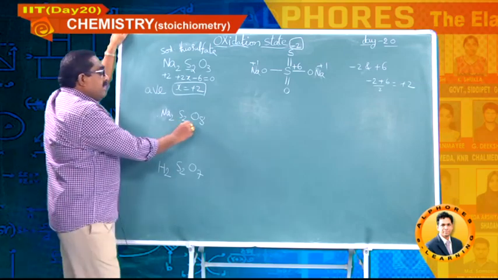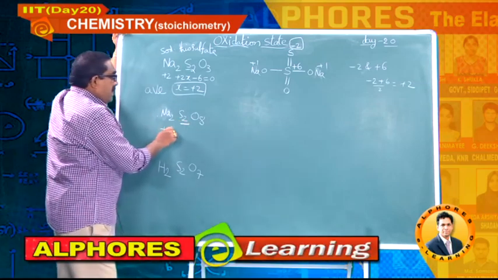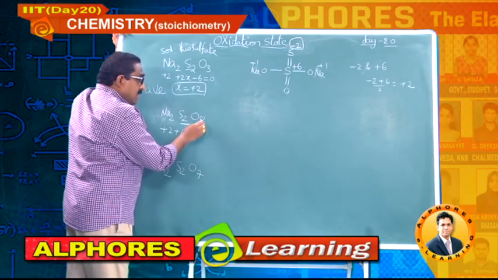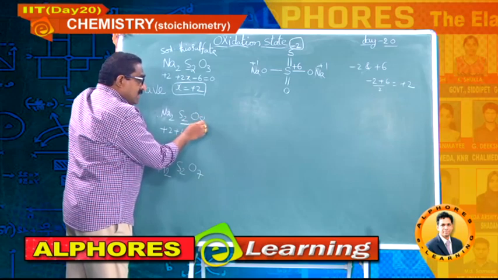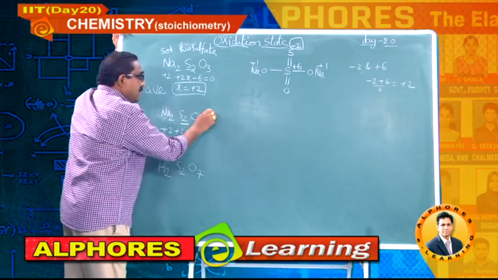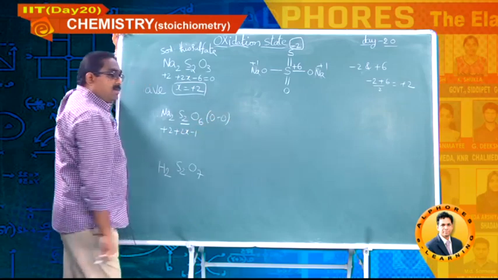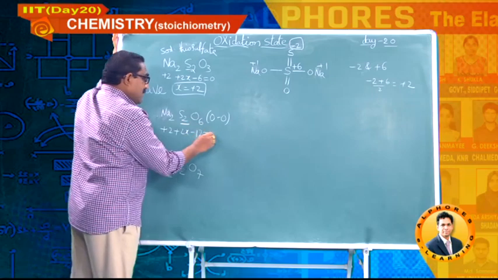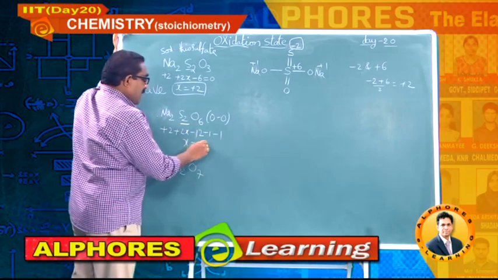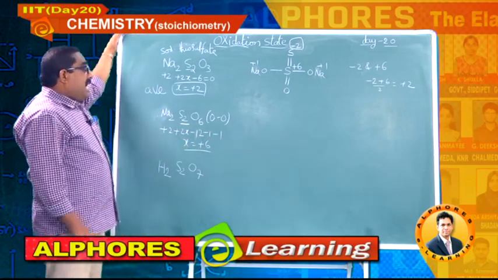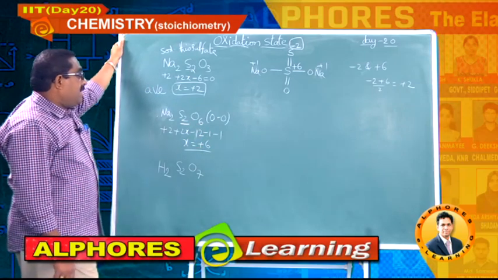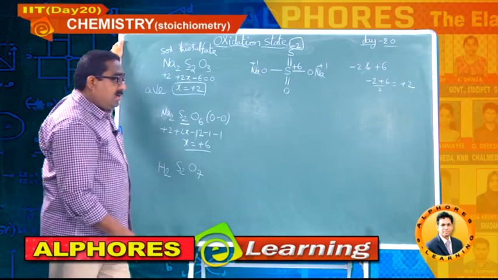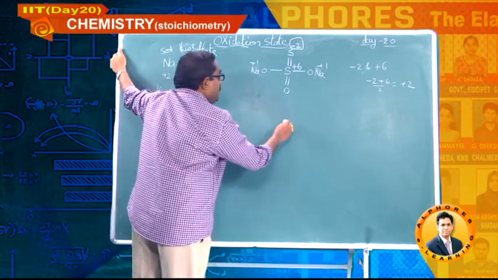Let me calculate the average oxidation state of sulfur. +2 + 2x, and 2 oxygens are peroxy oxygens, so you have to separate these as O-O. Note down, students. For this it is -12, and this is -1 -1. So x will be +6. That is the average oxidation state of both the sulfurs. Let me discuss the individual ones. Now let me draw the structure. Concentrate.